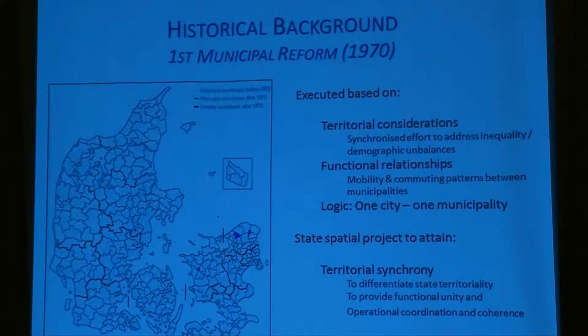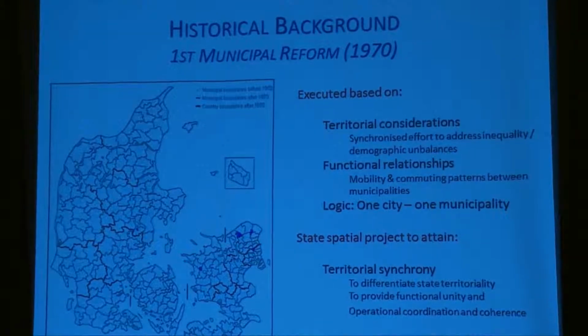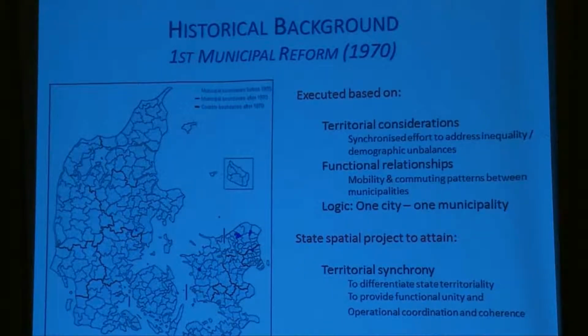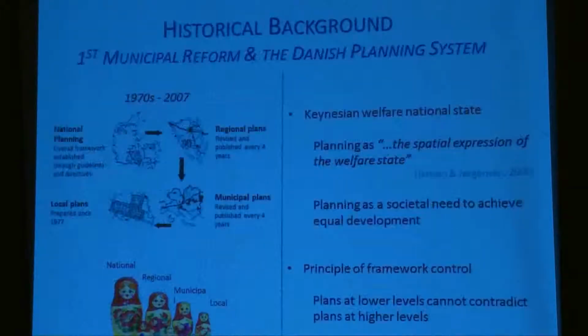We can also understand this sort of structural municipal reform in terms of territorial synchrony, as put by Martin Heyer in the Netherlands, which is basically a means to differentiate state territoriality, to provide functional unity and operational coordination and coherence. So, a state spatial project that took several years, even decades, to be implemented.